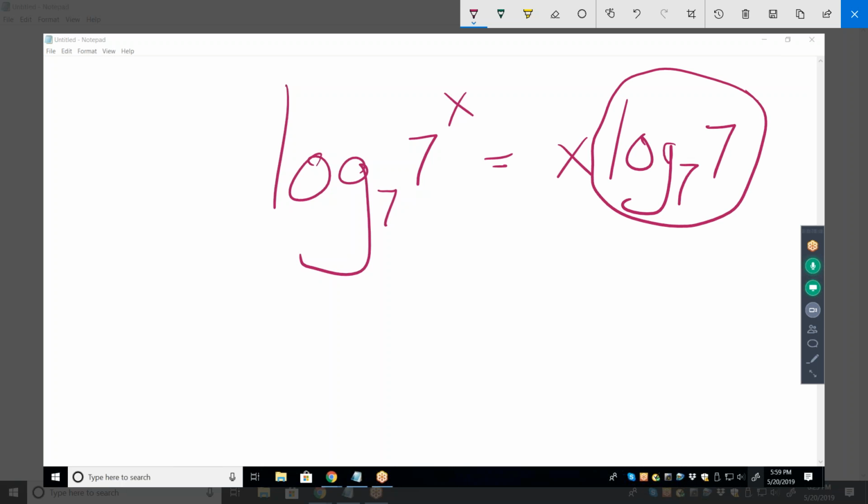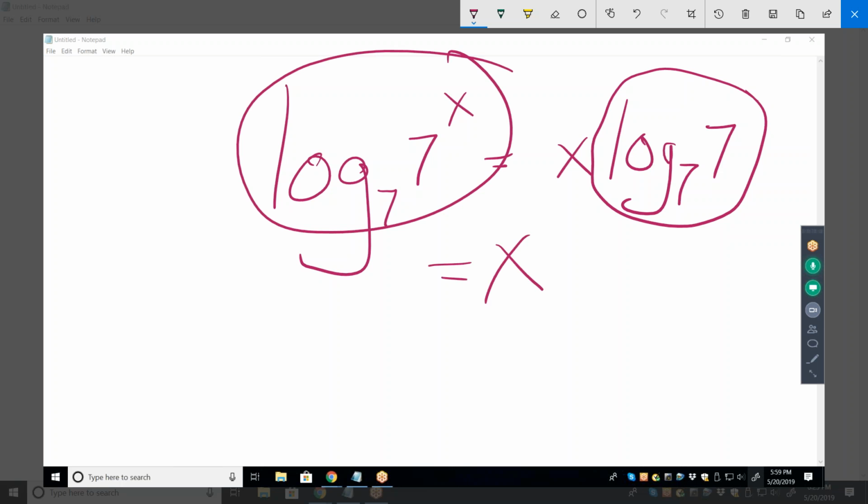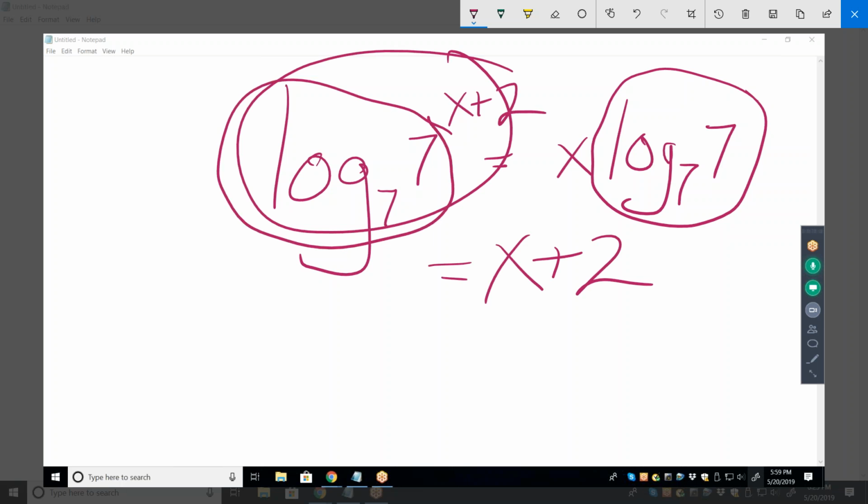That's 1. So that is always equal to x. Or if that's an x plus 2, then it's equal to x plus 2. So if you have the log base of the same number to some exponent, it's immediately equal to that exponent.